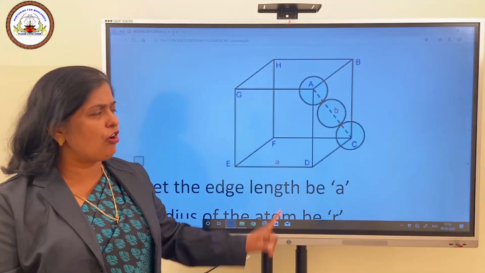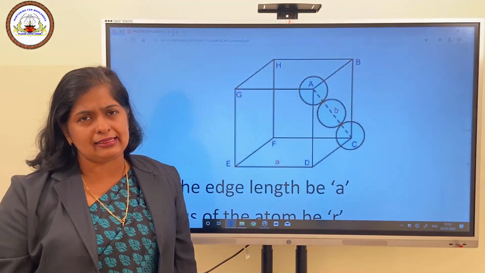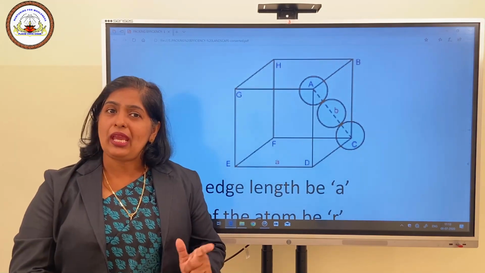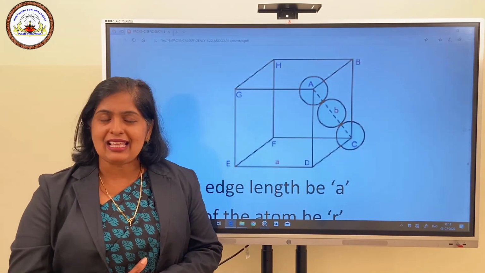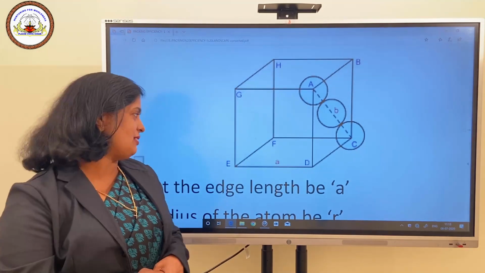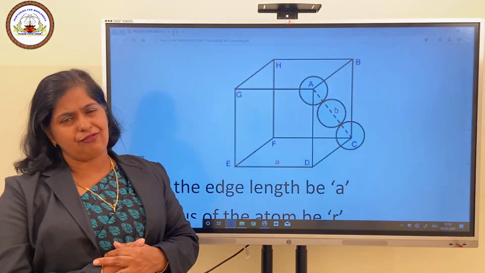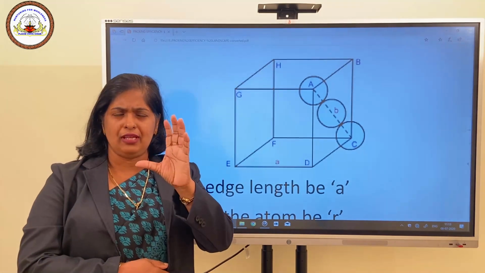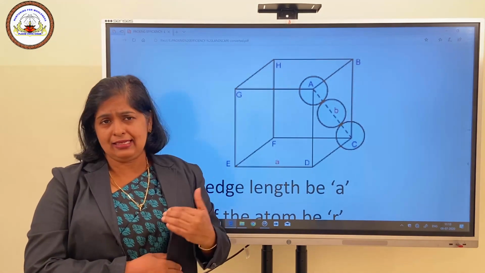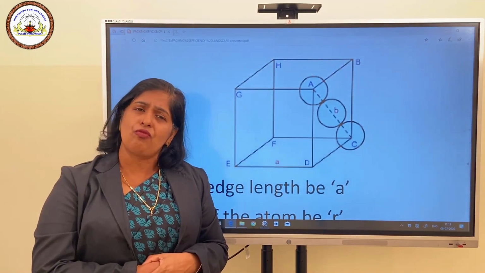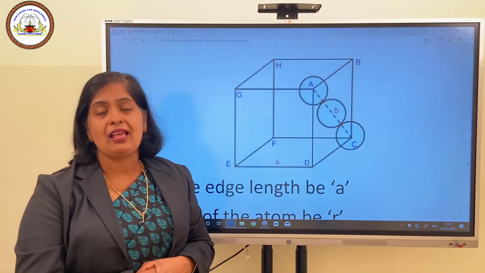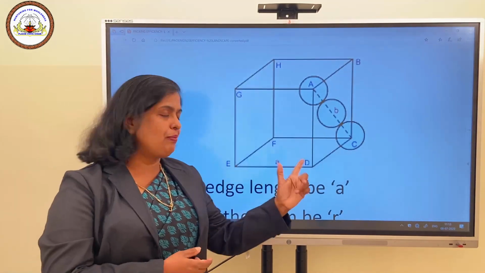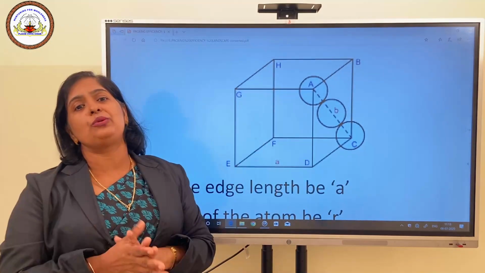For FCC or face-centered unit cell, number of atoms is 1/8 into 8 plus 1/2 into 6, which is 4 atoms. So number of atoms is 4 into volume of one atom. We know atom is considered spherical in shape. So volume of one atom is 4/3 pi r cube divided by total volume of the unit cell.